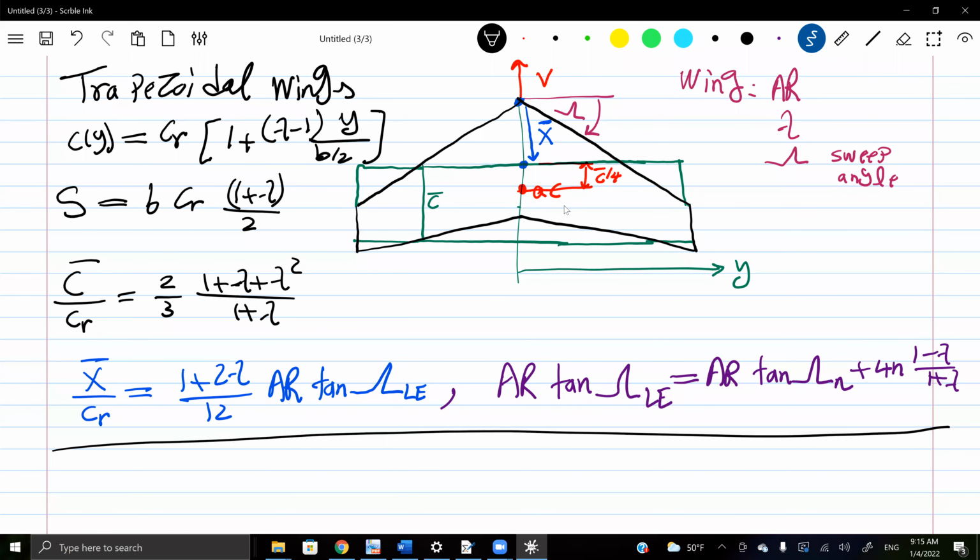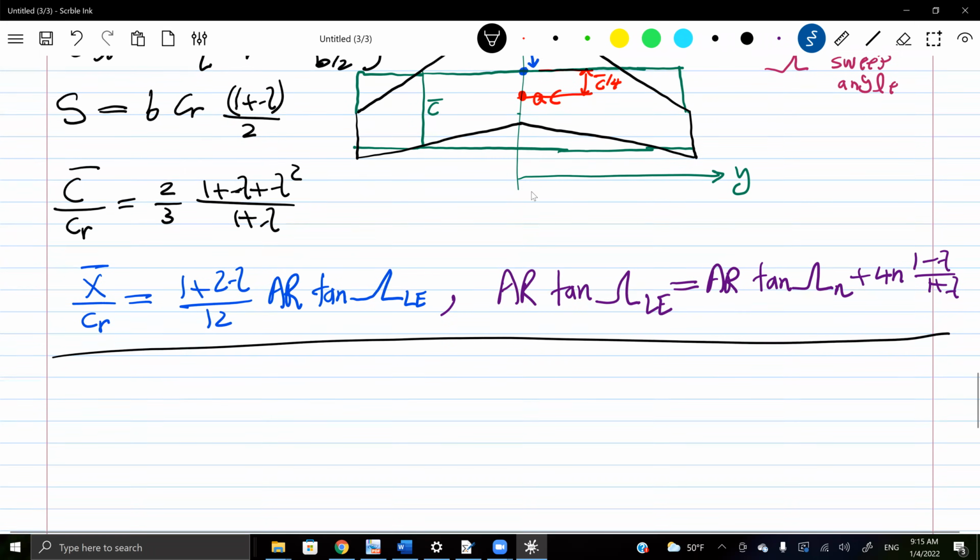So this aerodynamic center, the red thing, is really the aerodynamic center of the black wing. It will not be at the quarter chord of the root or the tip. It's at the quarter chord of one magic station somewhere here. All right. Okay, thank you. You're welcome.